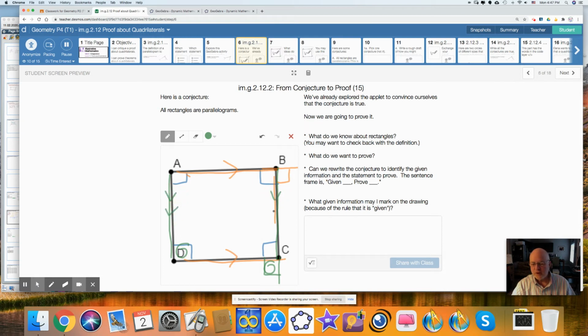The alternate interior angles theorem says if the lines are parallel, then the alternate interior angles are congruent. The converse says if the alternate interior angles are congruent, then the lines are parallel. And since I've shown that both pair of opposite sides are parallel, I've proved that this is a parallelogram. I've proved that all rectangles are parallelograms.